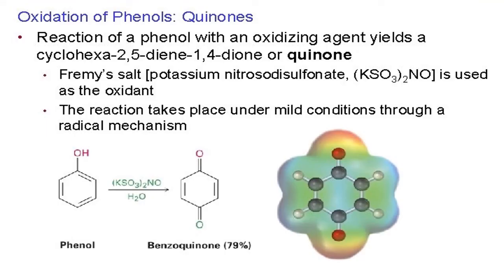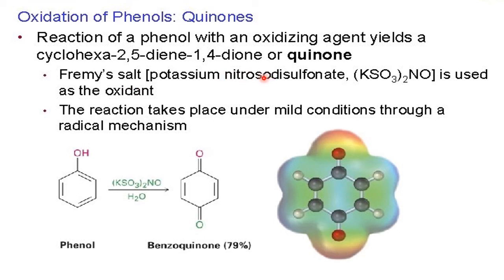Now one more reaction, the oxidation of phenol, but by using a special reagent. Here we used zinc metal, but here a special oxidizing agent known as potassium nitrosodisulfonate, popularly called Fremy's salt.